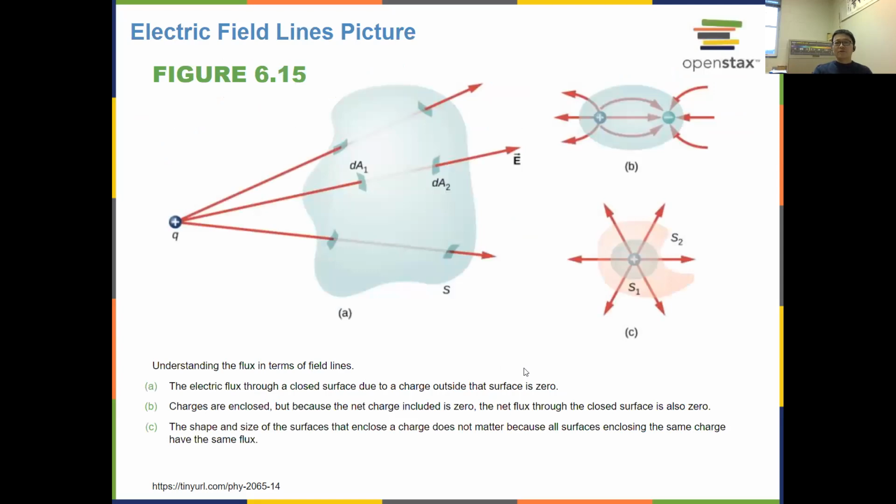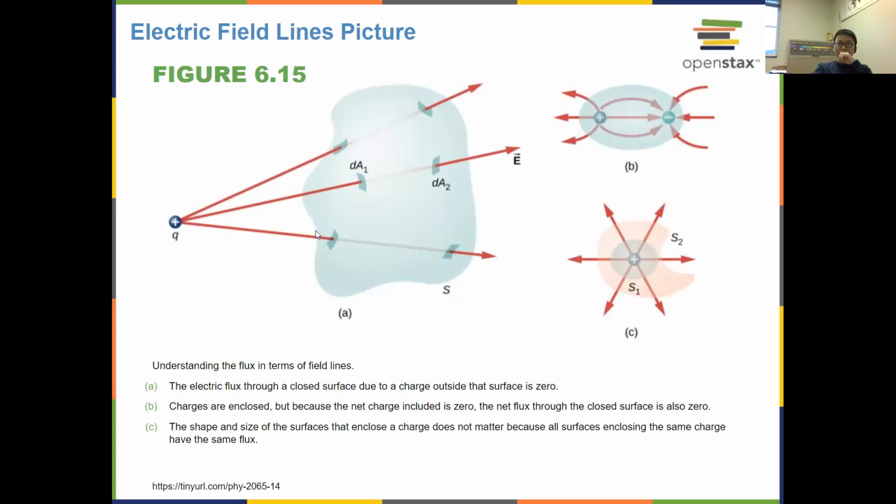Let's take a look at a few scenarios. If you have an irregular shape like this, an enclosed surface, the outer surface of this body, and there's a charge outside of it, then the flux through it will be equal to 0. You can calculate the flux from the electric field due to this charge.